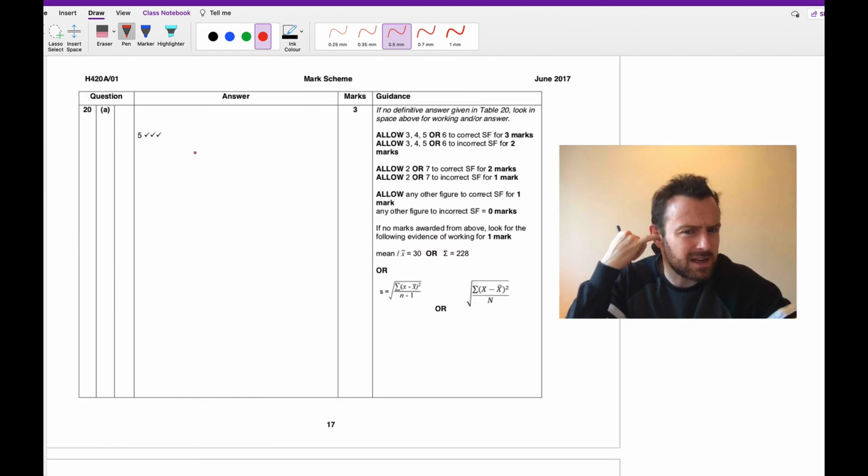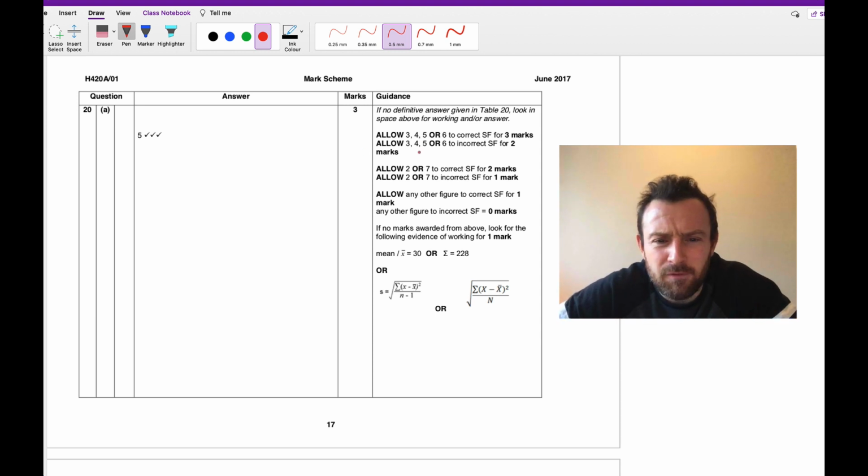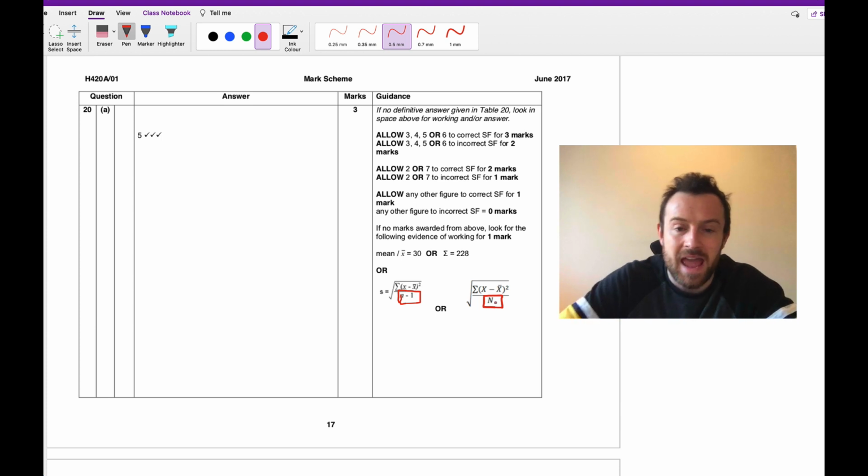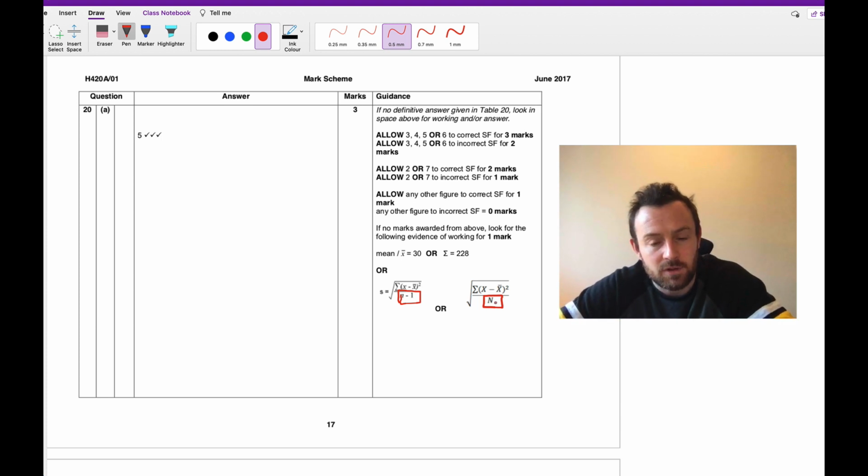And actually they do allow 3, 4, 5, or 6, strangely, if the working is correct, because you may have used the formula with n minus 1, which is the one I used, or I think in maths, sometimes you use divided by n, so they give you leeway depending on which formula you used.